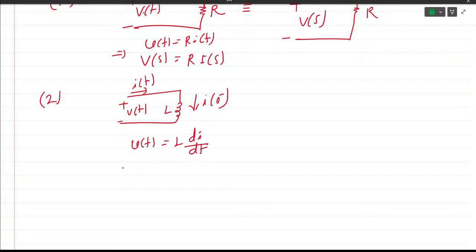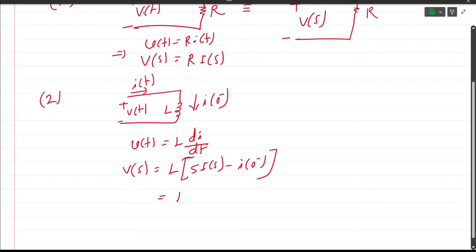Take the Laplace transform of both sides. V(s) is equal to L times the Laplace transform of the differentiation, that is s I(s) minus I0 minus, right? So it is L s I(s) minus L I0 minus.